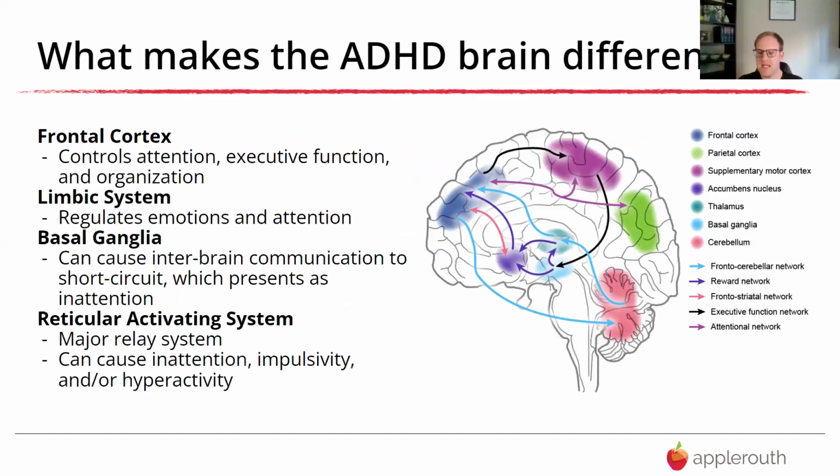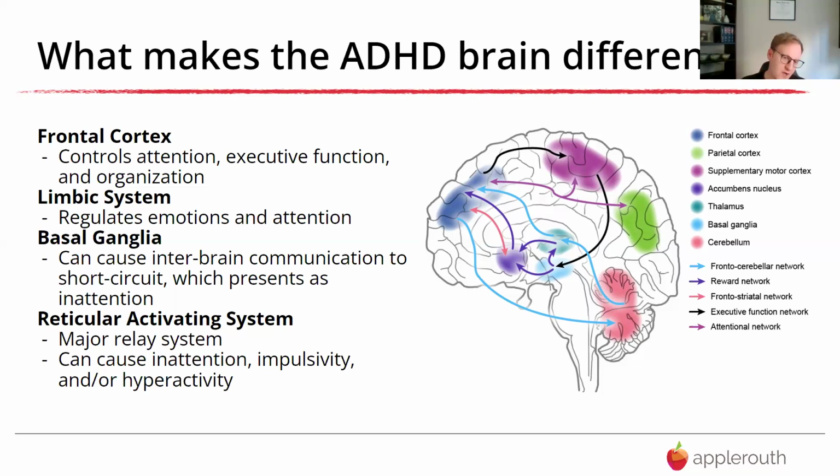So what makes the ADHD brain different? A lot of it is about the frontal cortex. If we have executive function skills maybe at a lower level than some of our peers, a lot of times that's because of attention, EF, organization, all things controlled by that frontal cortex.